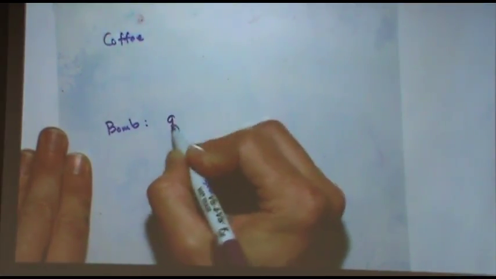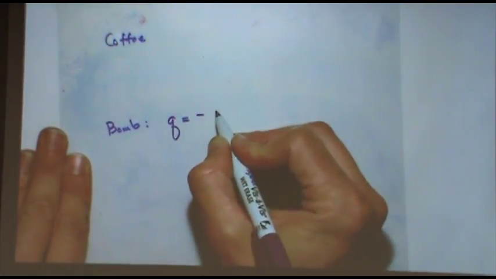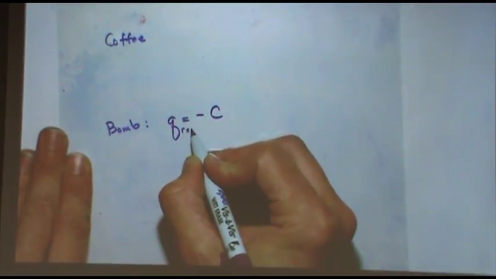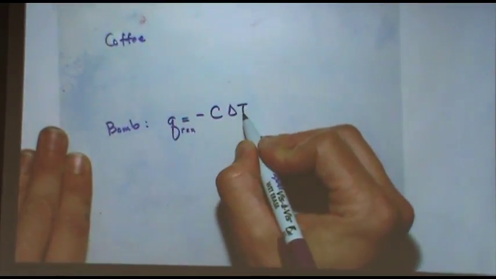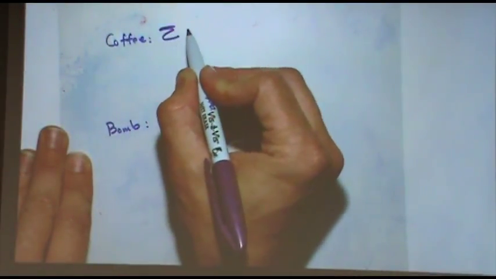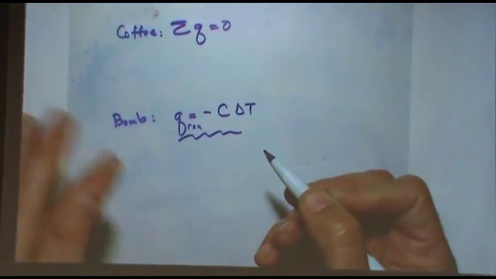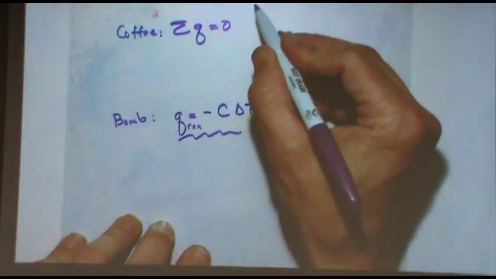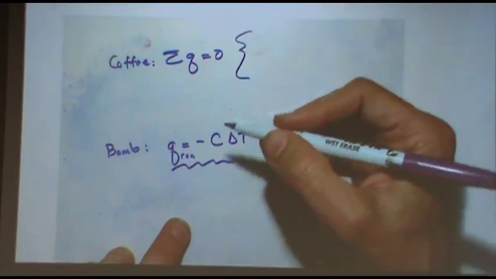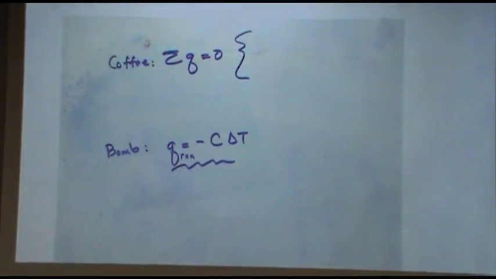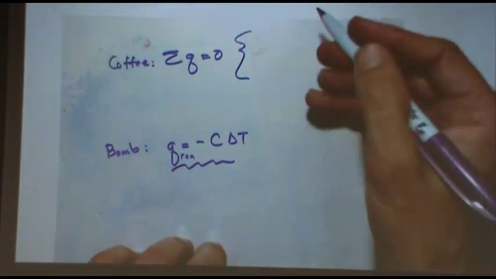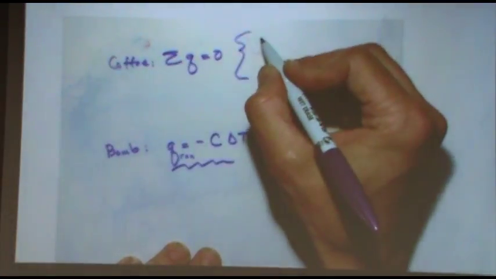The bomb, would just say Q is going to be negative, so Q of reaction of sorts is negative C delta T, which comes from this derived initial thing, the sum of the Q's equals 0, but this always shakes out to be this. This equation, though, depends on the number of items you have in the system.